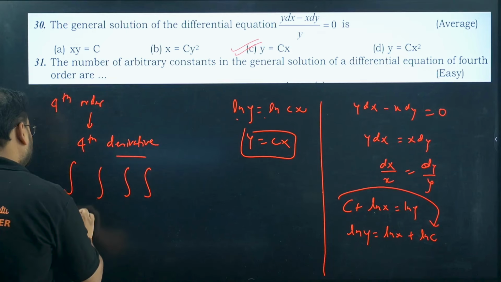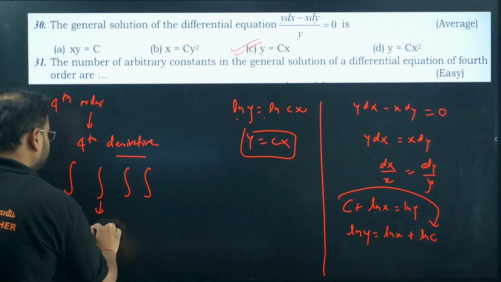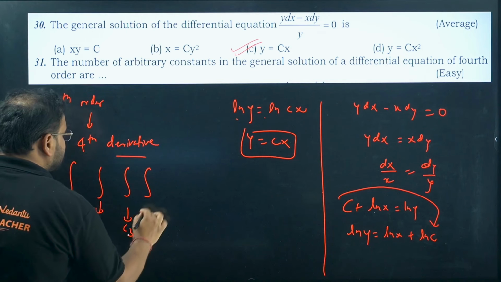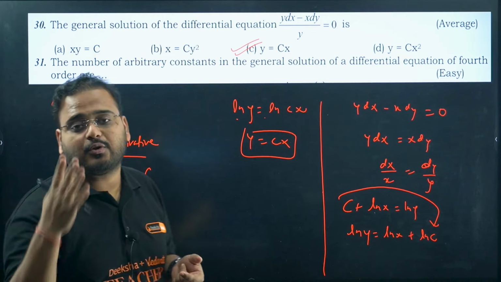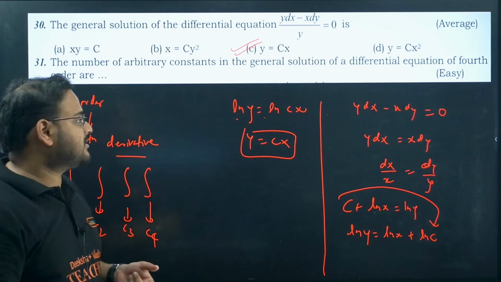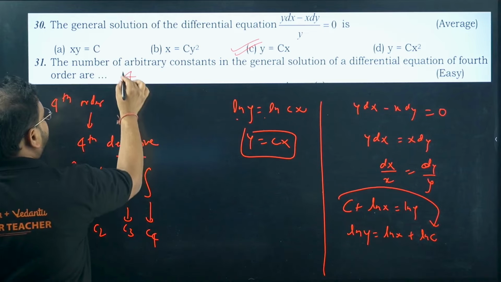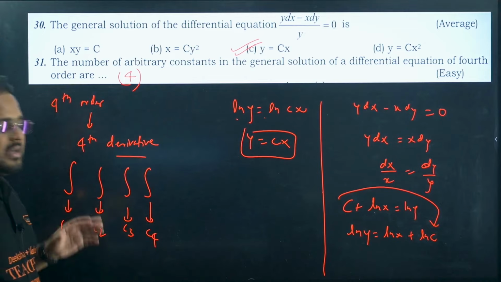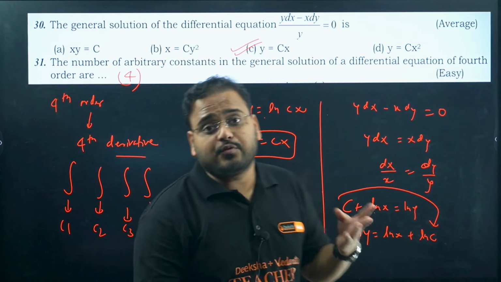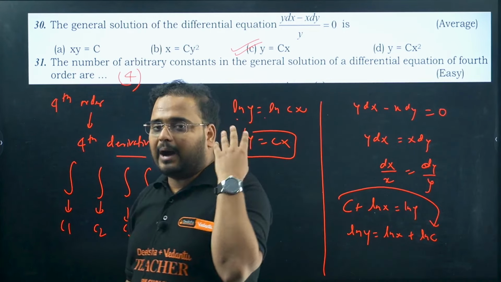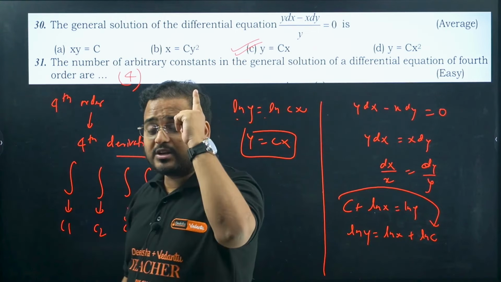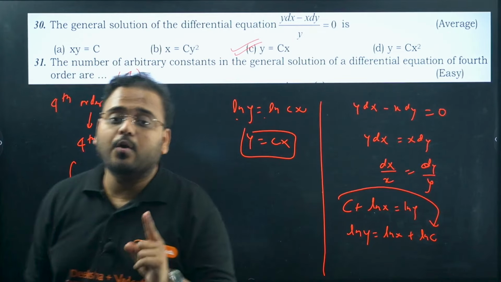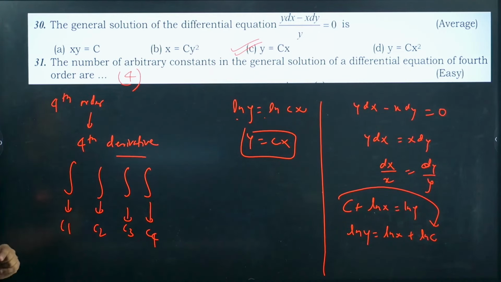With every integration you will get a constant: C1, C2, C3 and C4. So you get a total of 4 arbitrary constants. Hence the answer is 4. Basically, if the order is 4, the arbitrary constants will be 4. If the order is 2, arbitrary constants will be 2. If the order is 1, the arbitrary constant will be 1 only. Have a look. Moving on.